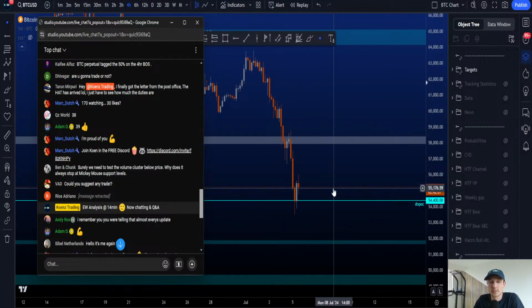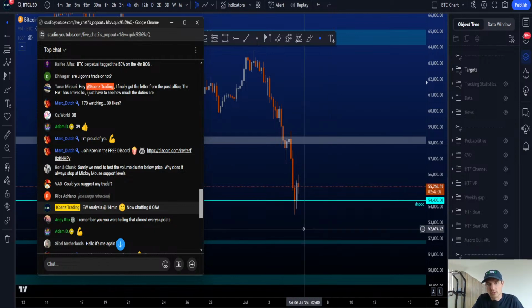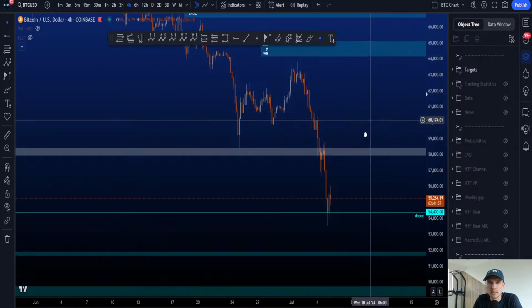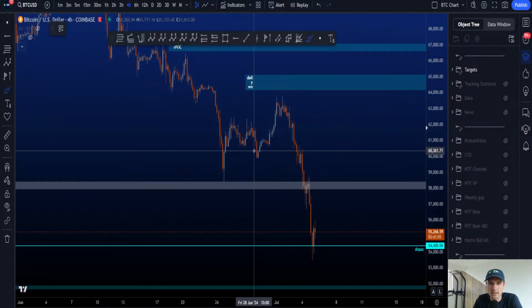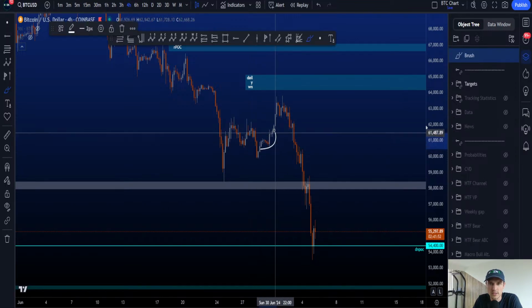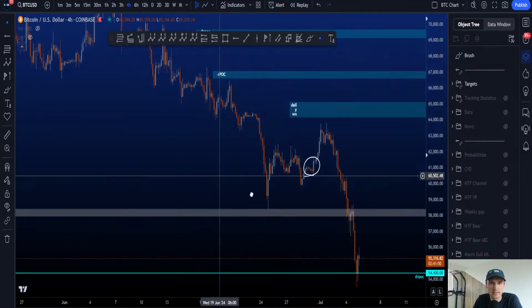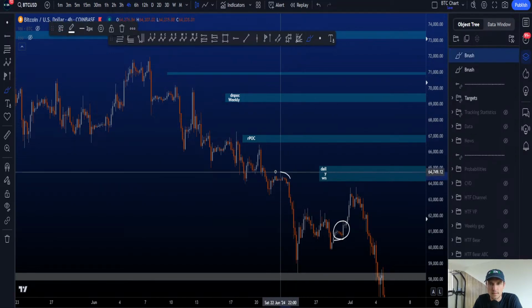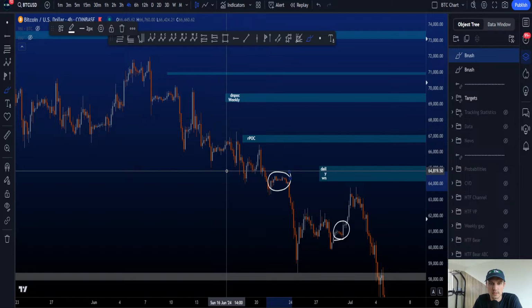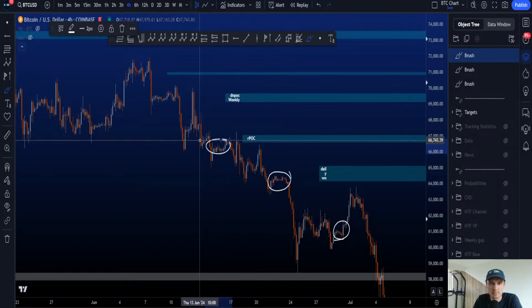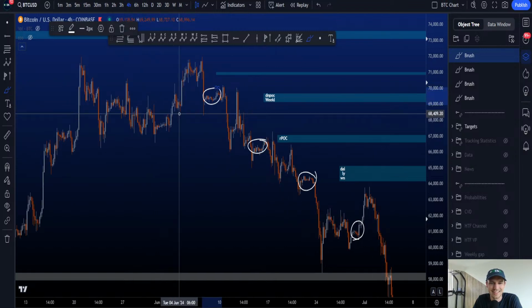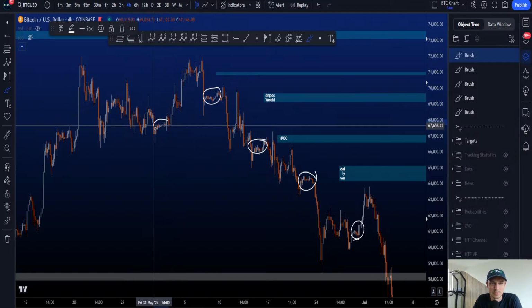The weekend is coming up as well. And of course, with the weekend, most commonly, it creates a sideways ranging structure. Let's see, the last few weekends we had. This was the last weekend. This was a weekend here as well. So you can see this was weekend price action. This was weekend price action. And yes, this was weekend price action.